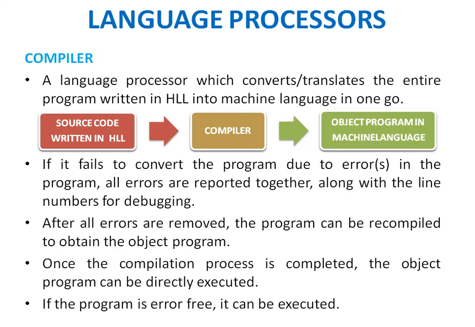After all errors are removed, the program can be recompiled to obtain the object program. Once the compilation process is completed, the object program can be directly executed. If the program is error-free, it gets executed.